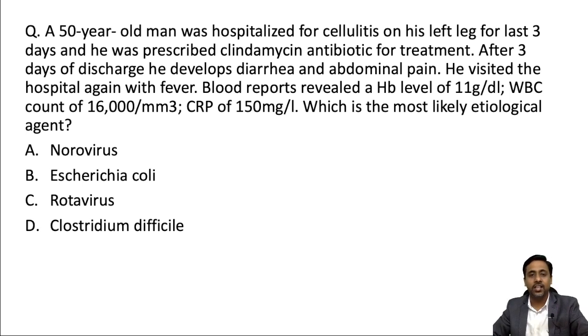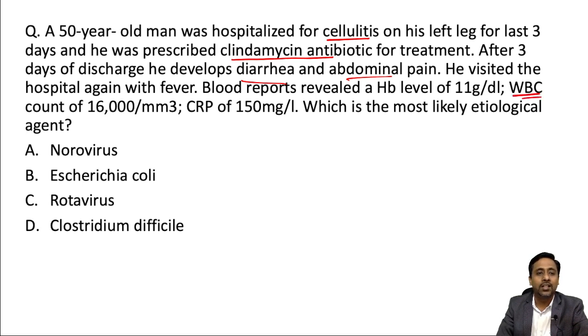So what is this case? Initially the patient was hospitalized for cellulitis, and later, after the antibiotic treatment, he develops diarrhea and abdominal pain. The important clue to the diagnosis is the WBC count, which is elevated. So what does it lead to?